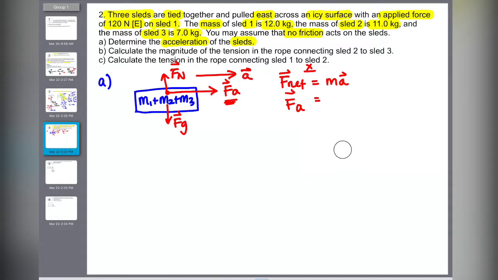Okay, and then M is the total mass of everything added together.